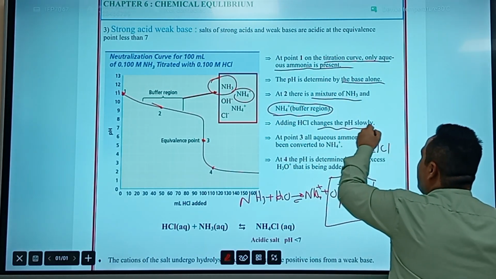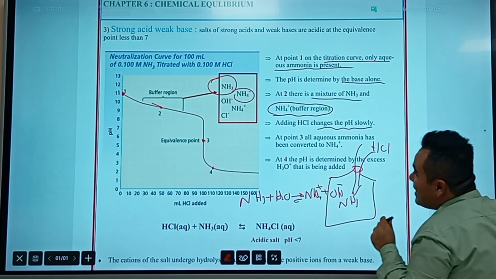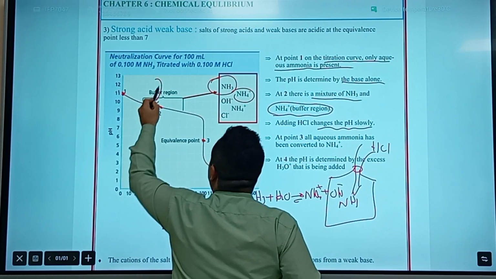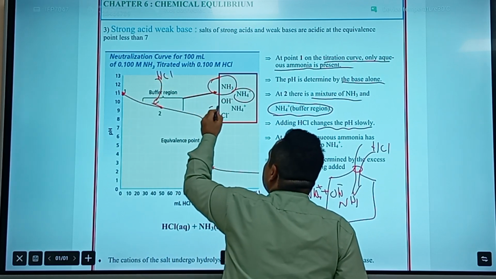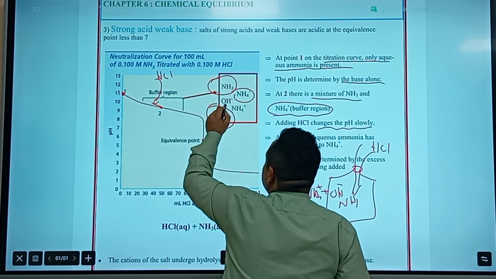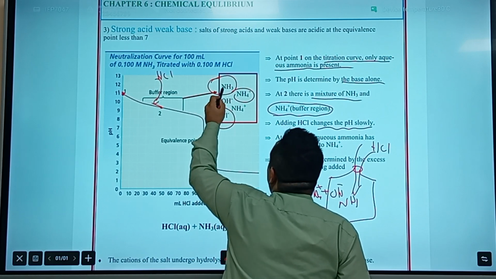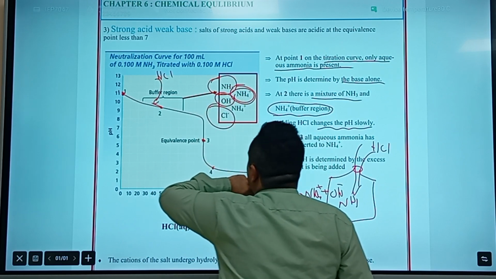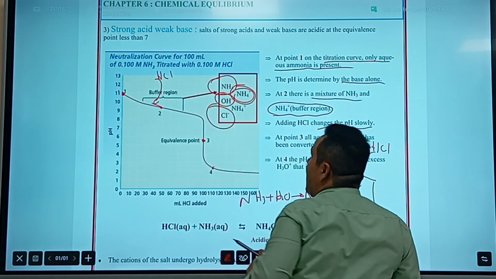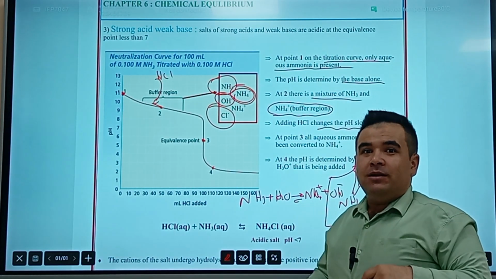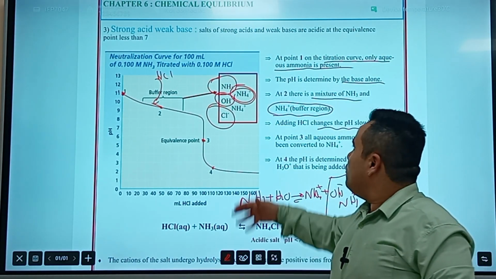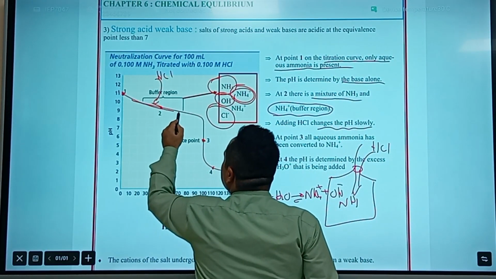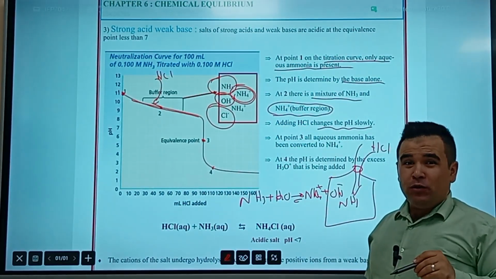Adding HCl changes the pH slowly. Guys, in this case, we added HCl to the flask. HCl added will produce Cl and hydronium, but ammonia ionizes to form ammonium and hydroxide as well. So in this region, when we have a weak base with the common ion of that weak base, which is ammonium, we can say it's a buffer region, and as you can see, the change in pH is slow.